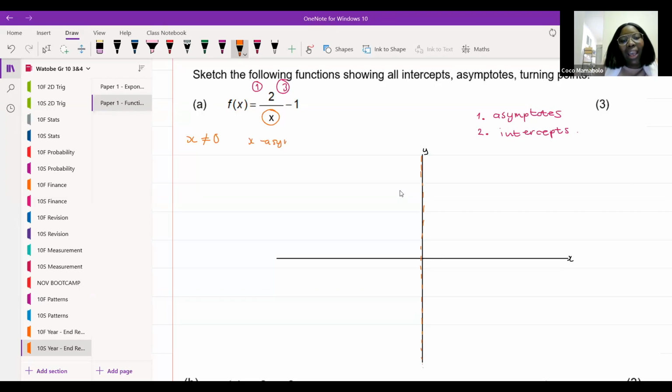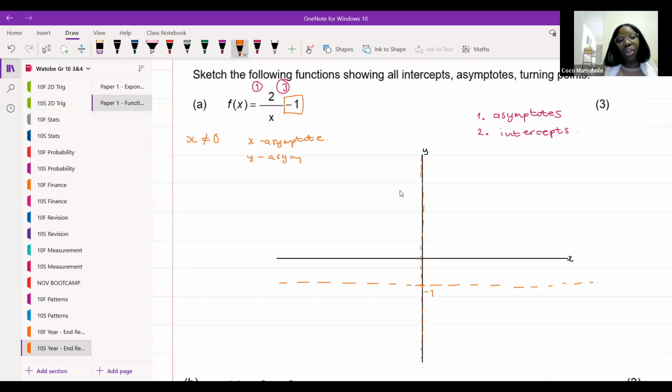What is my y asymptote going to be? My y asymptote is going to be -1, correct. Cassidy, you were correct, -1. So our horizontal asymptote is at -1. My graph can also not cross -1. Right there. Good.